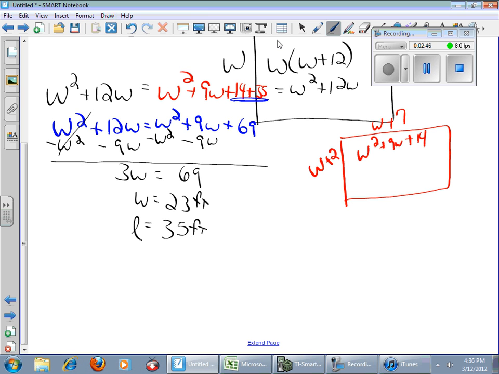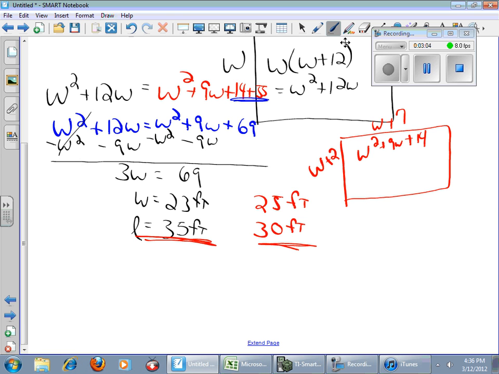Now, on the new one, the width was increased by 2, to 25 feet, and then the length was decreased by 5, to 30 feet. If I'm right, if I find the area of the black one here, and the area of this, the difference should be 55.